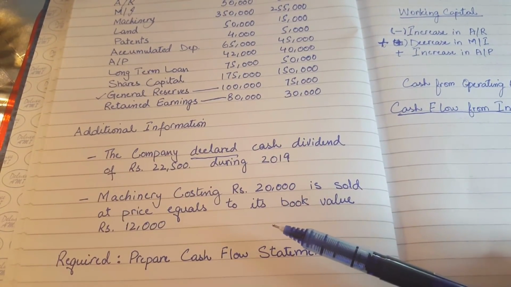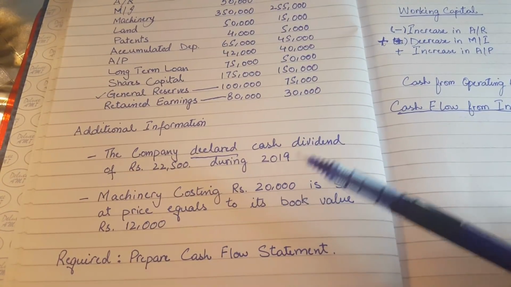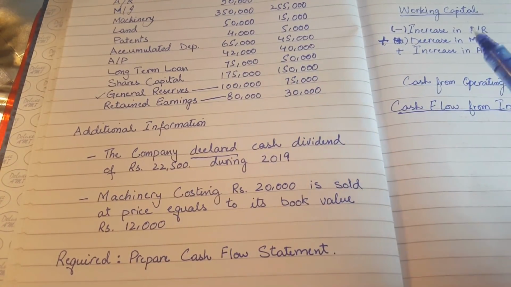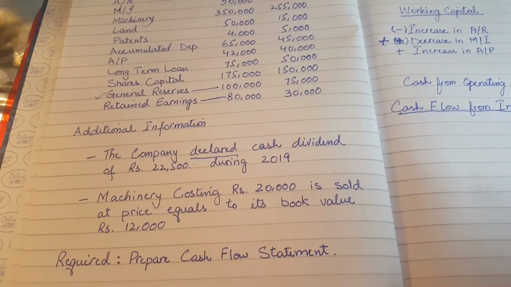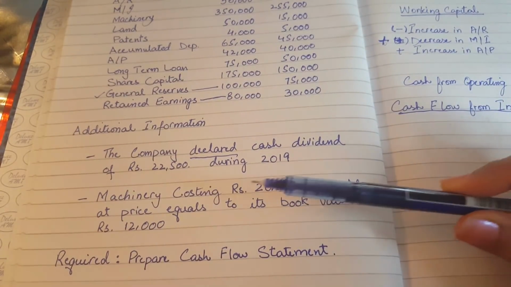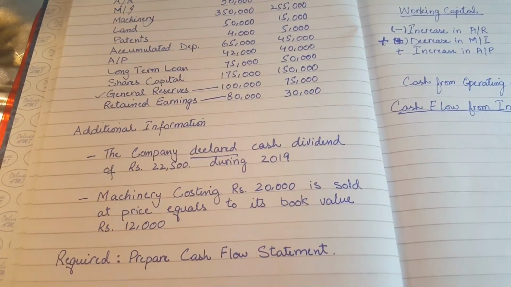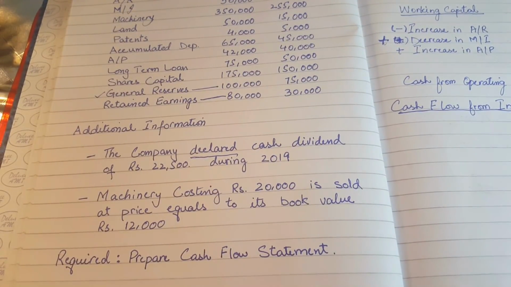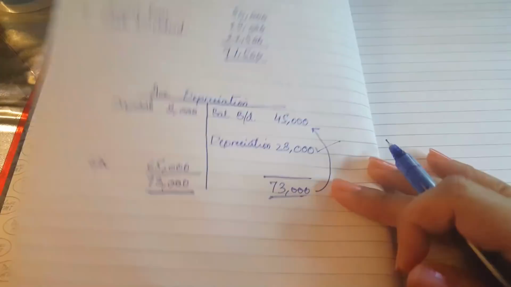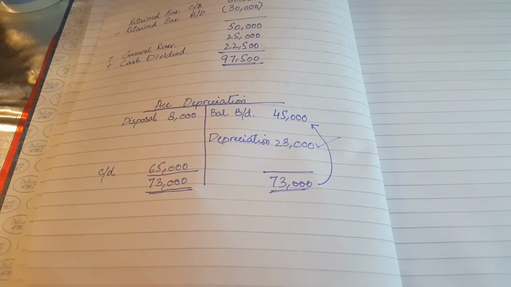So there is a change in the fixed asset, machinery. Now we will have to make a machinery account, and there we will see what changes were made in that account during this sale. So we have to make a T account for machinery.